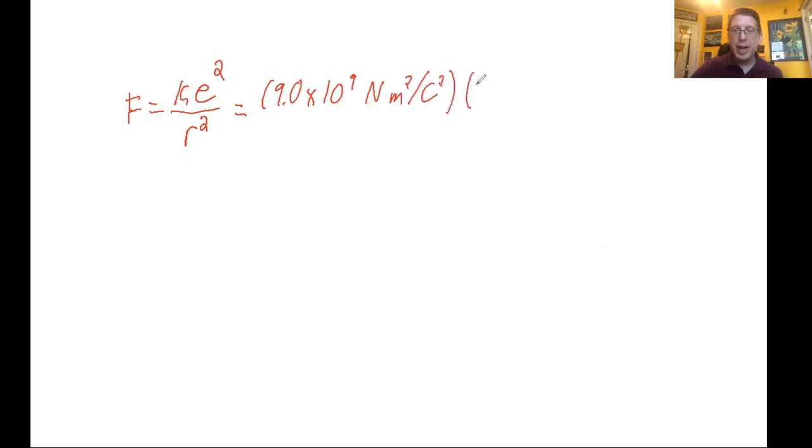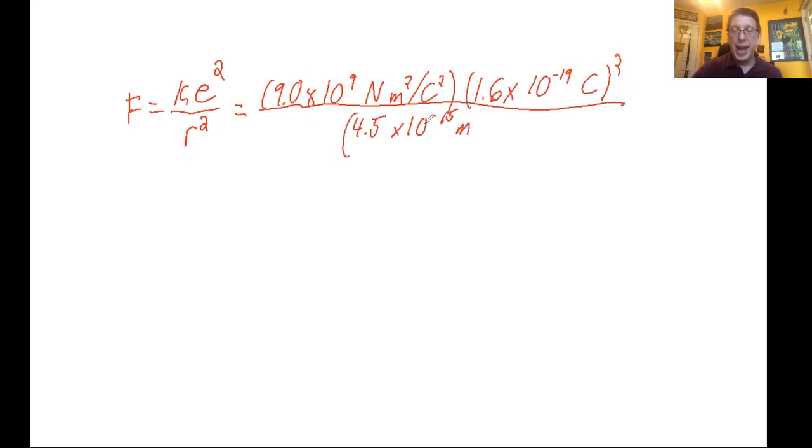And then you're multiplying by E again. So that's 1.6 times 10 to the negative 19 coulombs, and you're squaring that. And then you're dividing by 4.5 times 10 to the negative 15 meters, and you're squaring that term. So you have a couple of very tiny numbers in the numerator and the denominator that you're going to be squaring. So how does that affect the end result?